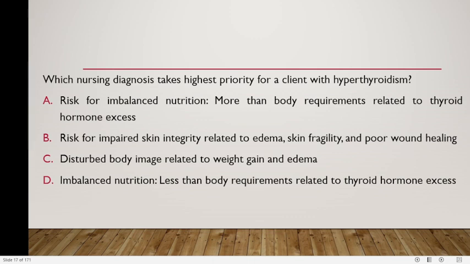So the A, we have risk for imbalanced nutrition more than body requirements related to thyroid hormone excess. We're saying if the thyroid hormone is in excess, then more food components are going to be broken down. So we're going to have less because of that excessive expedited process of metabolism.